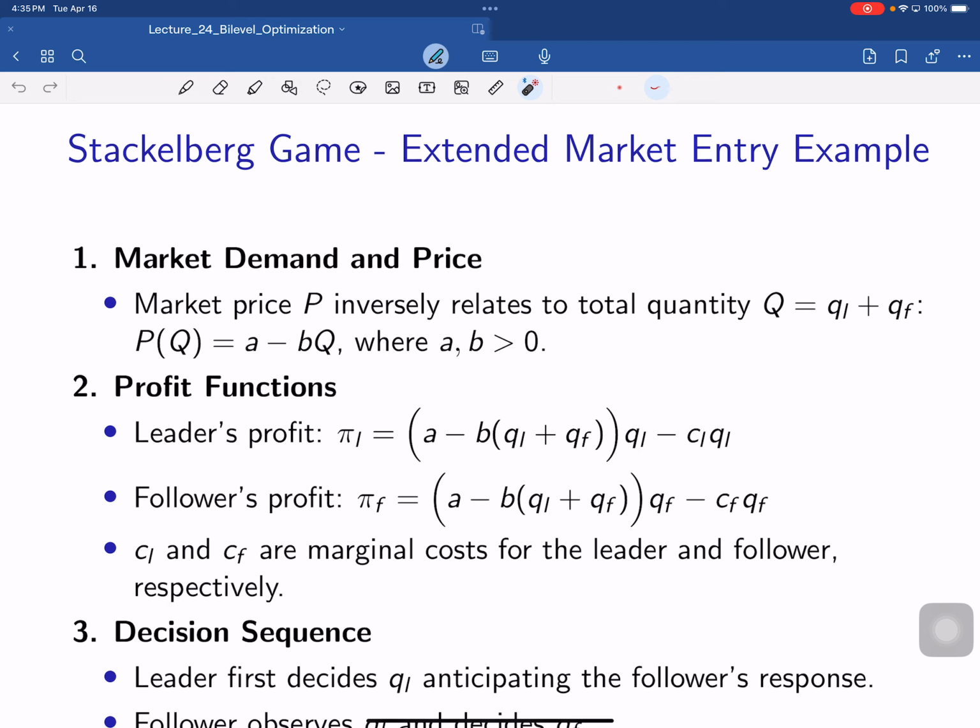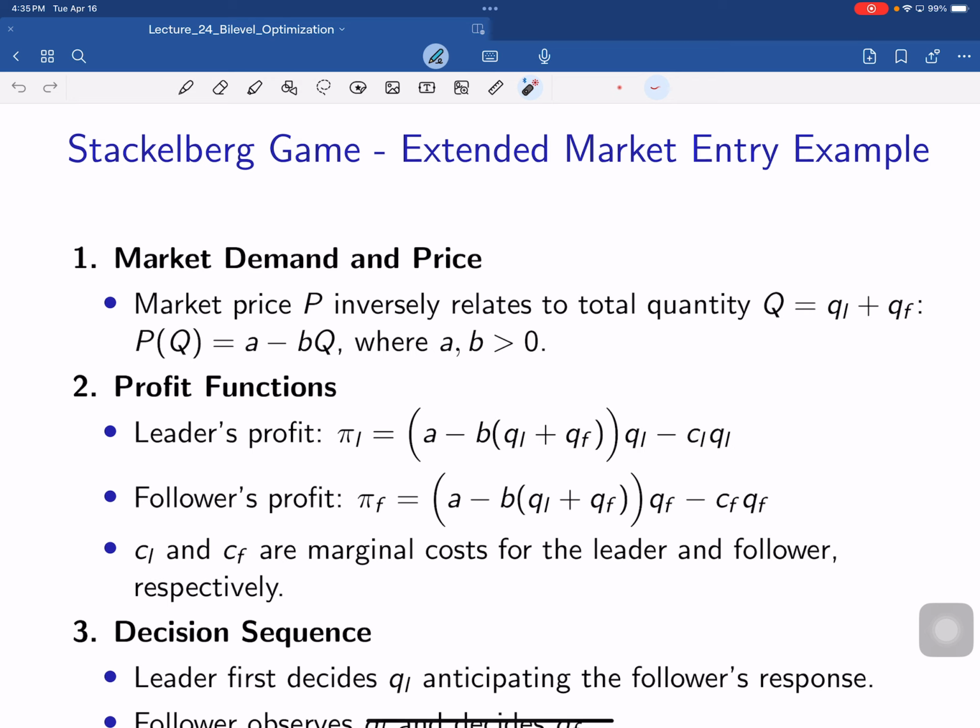Then we can talk about the profit of the leader and the follower. First of all, the leader's profit would be the price, A minus B times the total production, times Q sub L, the quantity produced by the leader. That is the money the leader makes from selling the product. In order to produce the product, let's assume the leader has to pay a marginal cost for producing a given quantity.